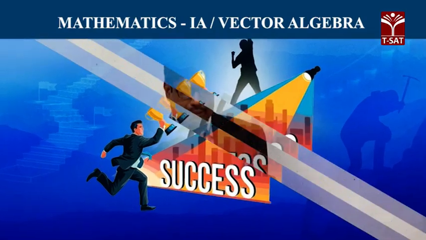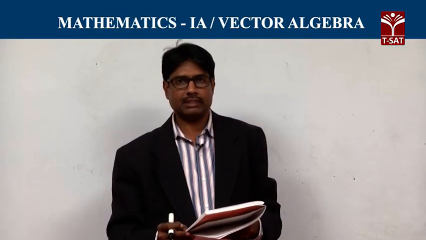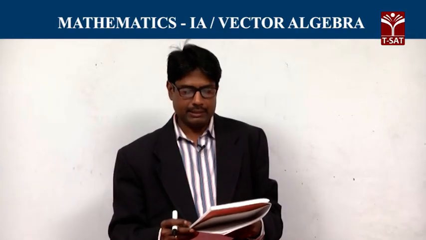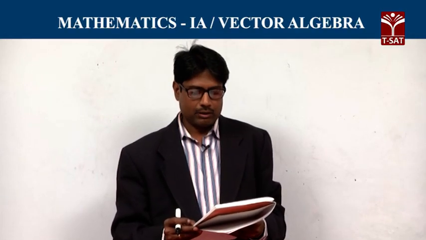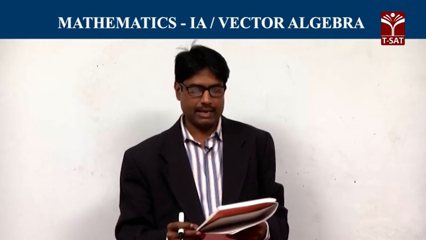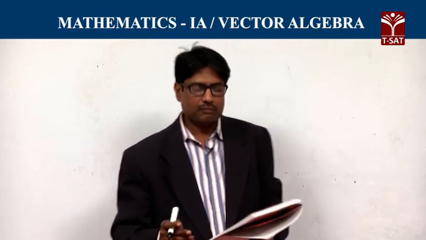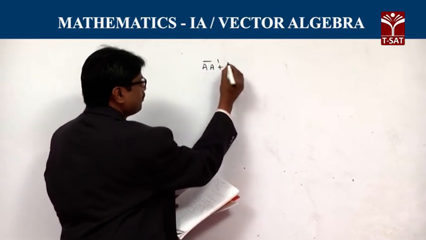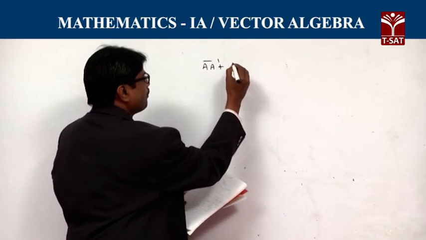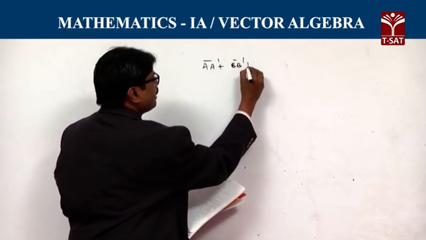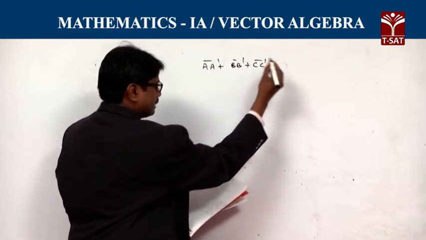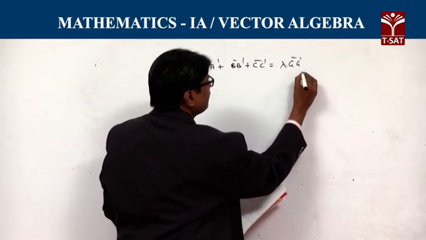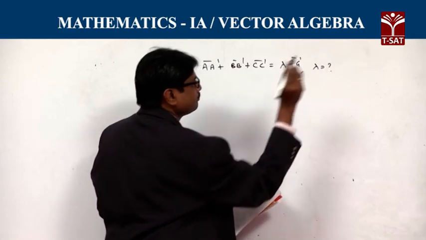G is the centroid of triangle ABC and G dash is the centroid of triangle A dash B dash C dash. Then find the value of AA dash bar plus BB dash bar plus CC dash bar is equal to lambda times GG dash bar, then find out the lambda value.